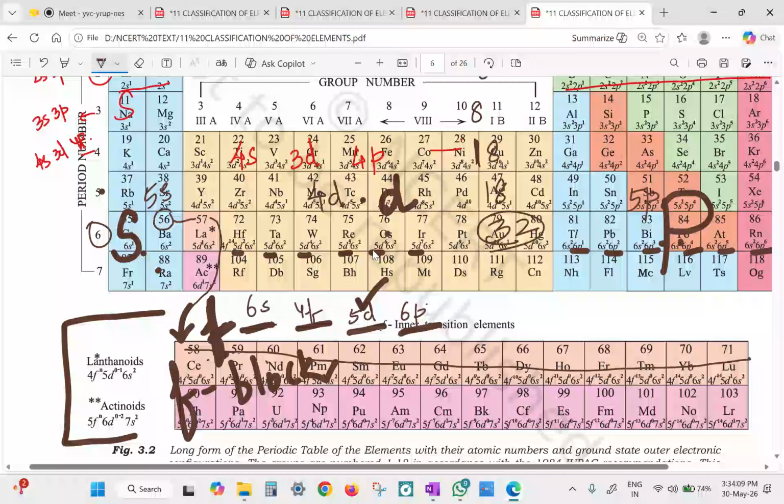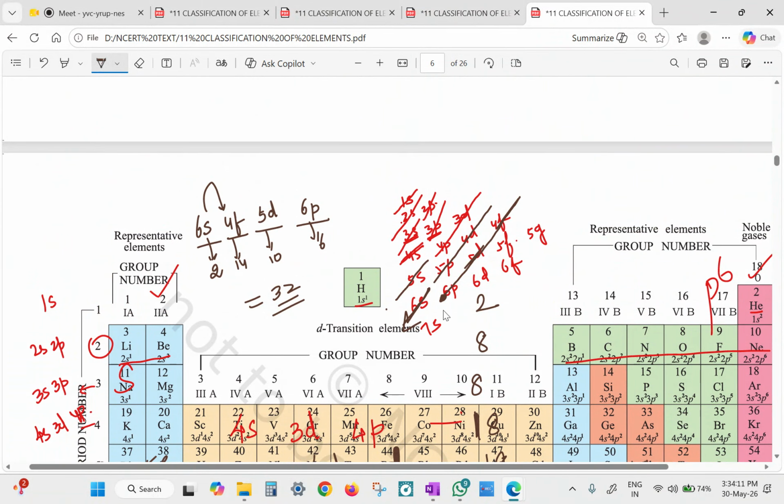Okay, next. Now again we'll go back to that picture. Now I'm coming to 7s and I should stop at 7p, right? Very good. So let's see where 7p is. 7s, 7p, 7d; this is not used. So if I start at 7s and have to come to 7p, what all must I have filled in between? Very good. After 7s, 5f, then 6d. That's all. So again there are 32.